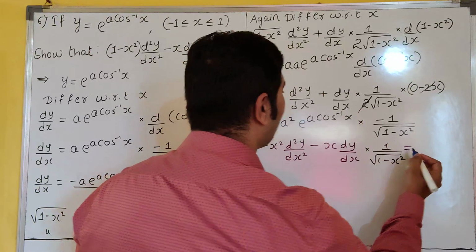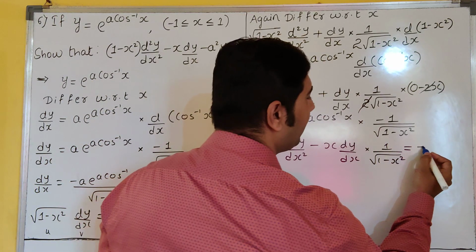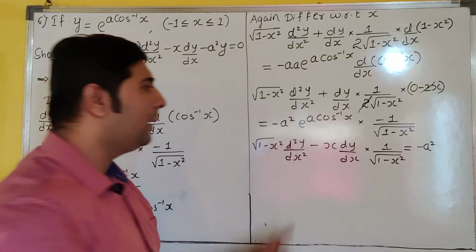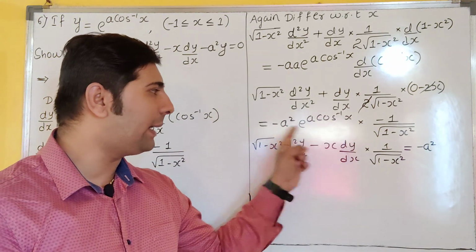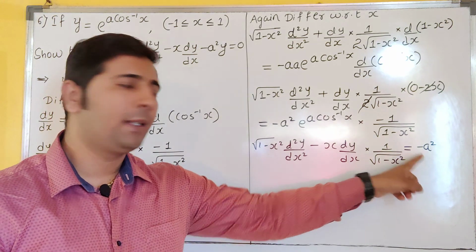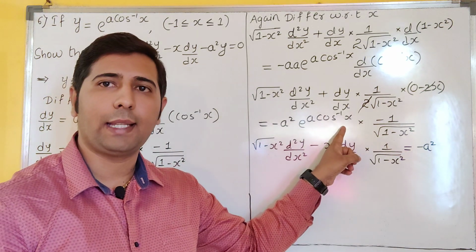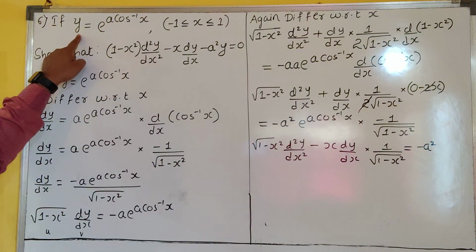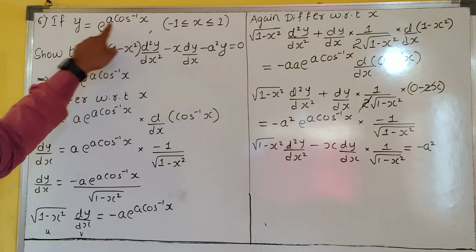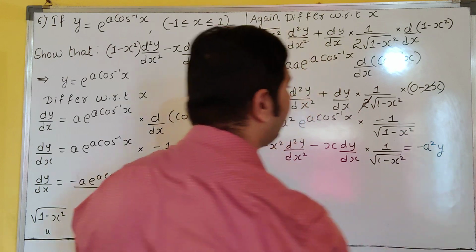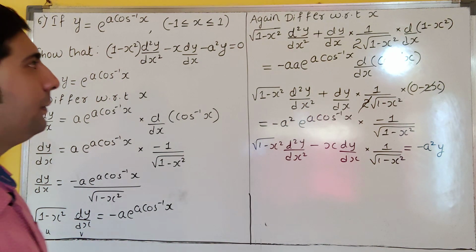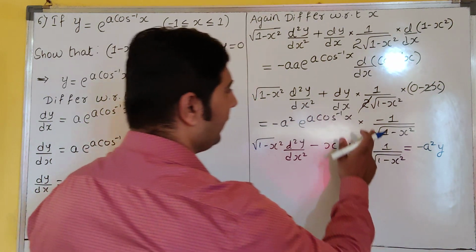So now see, is equal to minus a square as it is. E raised to a cos inverse x is remaining here. Minus a square is written as this. E raised to a cos inverse x, what is that? Y or not? E raised to a cos inverse x is y here. Then I can write it as y here. Clear? So now, try to understand here.